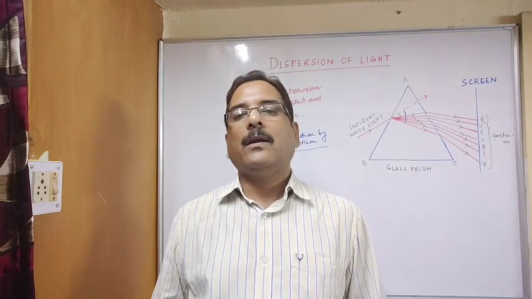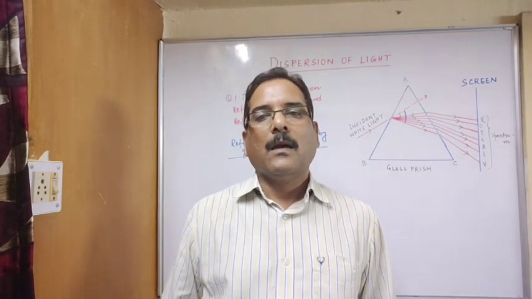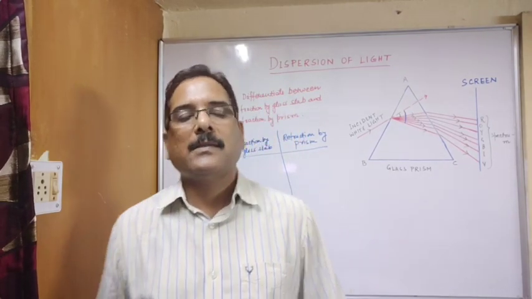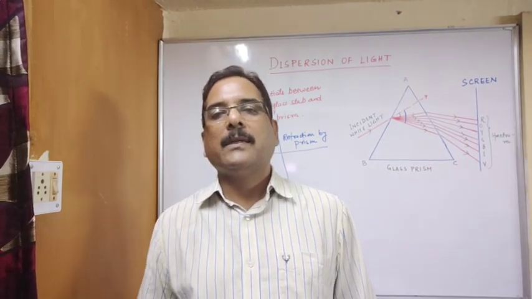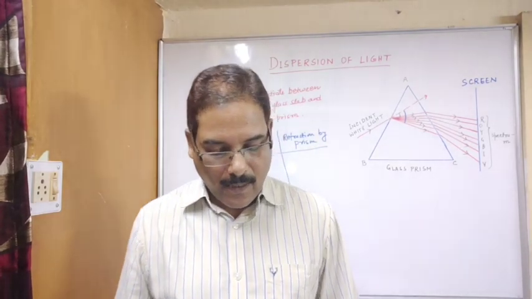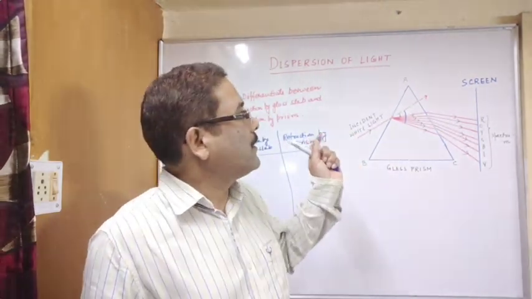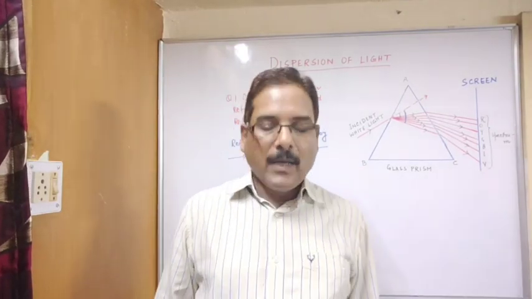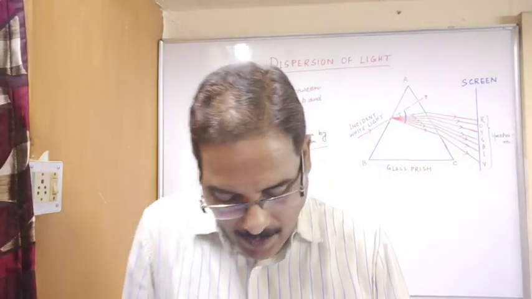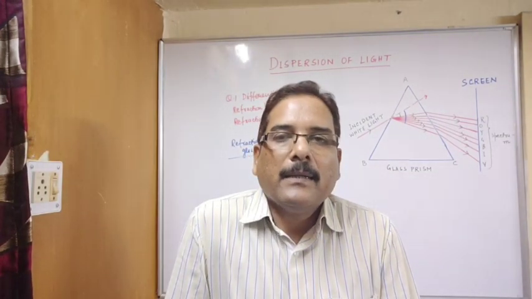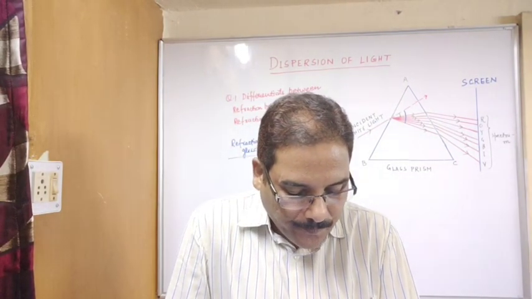If you recall the diagrams, in case of a glass slab, the incident ray and emergent ray are parallel to each other. But in case of a glass prism, as we have drawn in the first diagram, the emergent ray deviates from the direction of the incident ray.